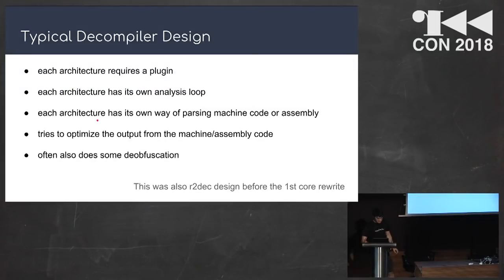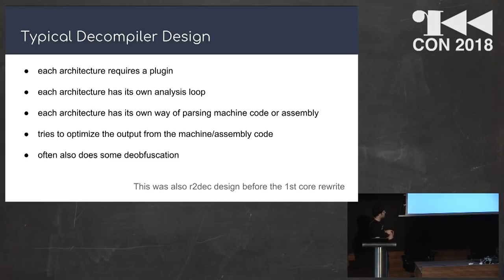So design. Normally when you design a decompiler, you want to do some optimization and stuff. Each time you write one, you will have a plugin for each architecture, which will have its own analysis loop, its own way to parse machine code.